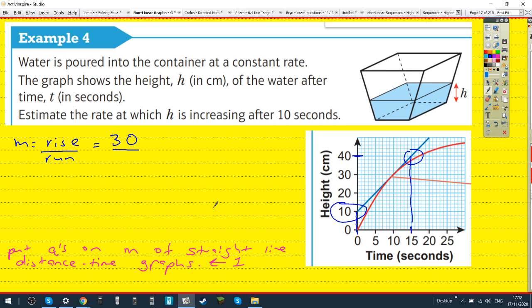Oh, the run is 10. Starts at 0. 0 to 15. So it starts at 0, 10. Goes to 15, 40. So rose by 30, ran by 15.